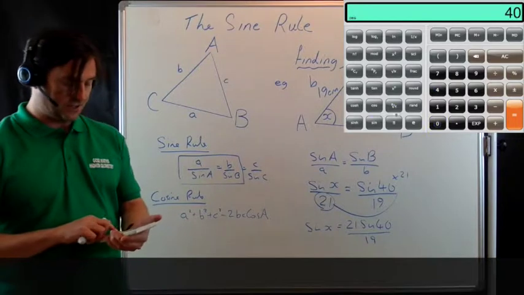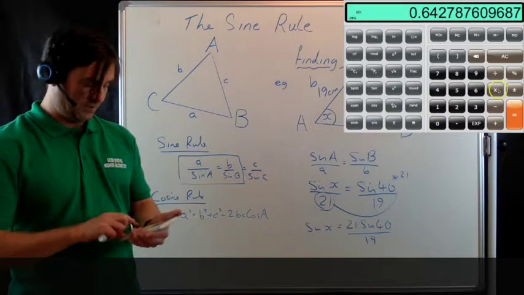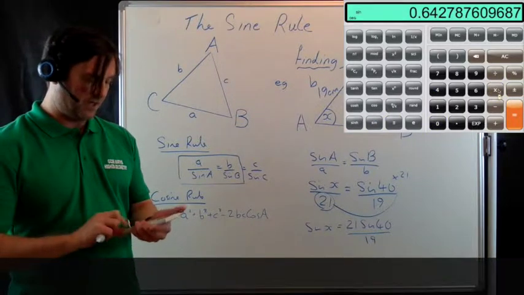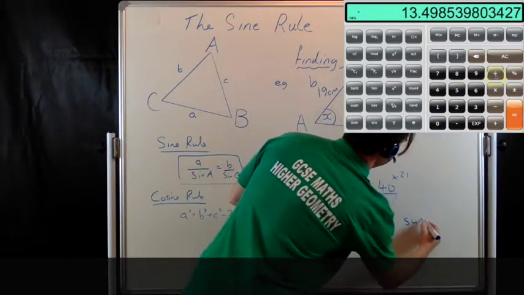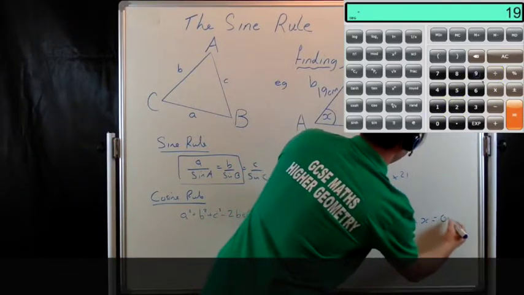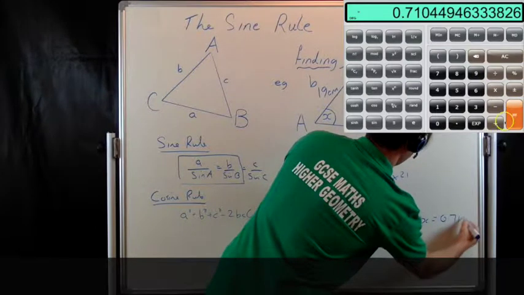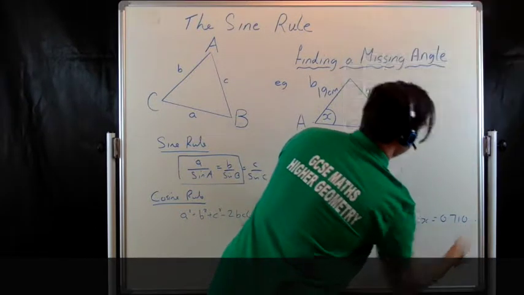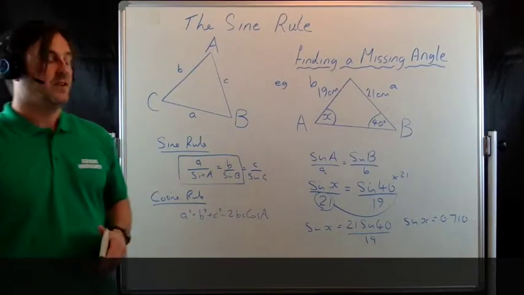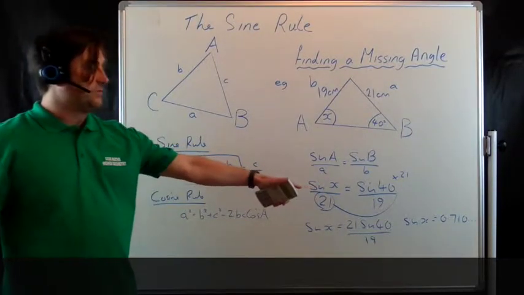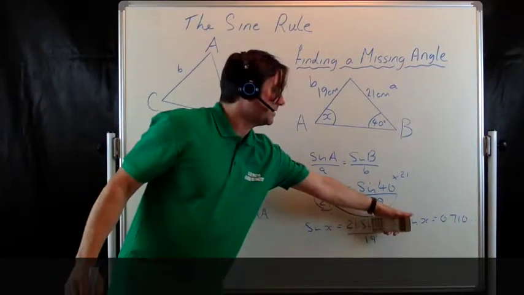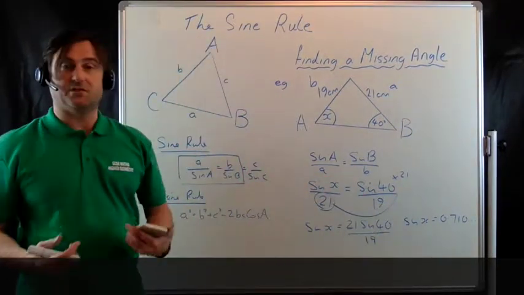So then we need to work that part out. On our calculator we do 21 sin 40 divided by 19, and that gives us a value for sin x. Sin x equals 0.710, and that number continues on. Keep that on your calculator. Now what we've got to do, to find x, we need to do the inverse of that.